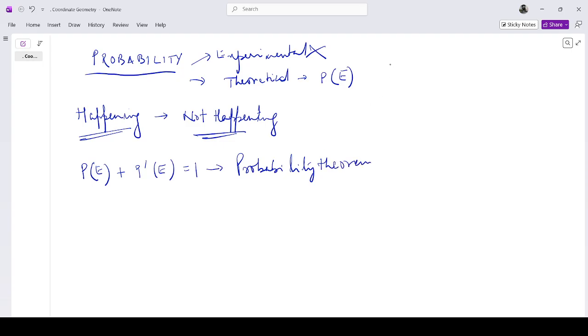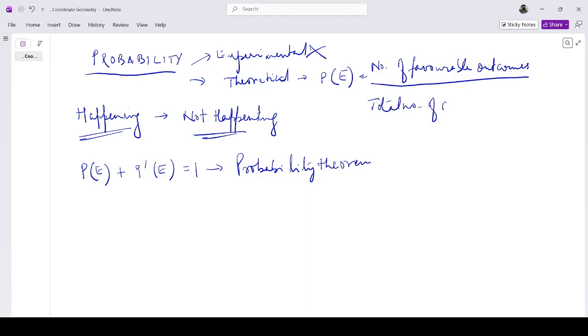When we discuss the probability of an event, we have to think of two things: the number of favorable outcomes, and the second very important thing, the total number of outcomes.